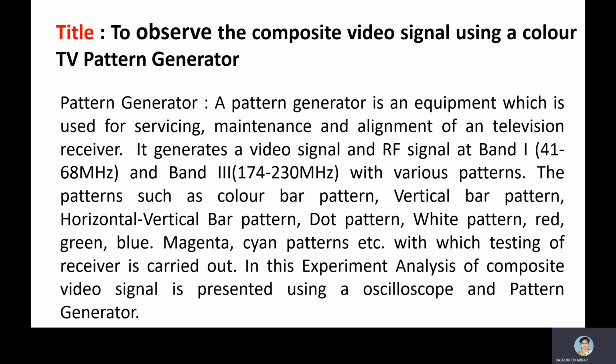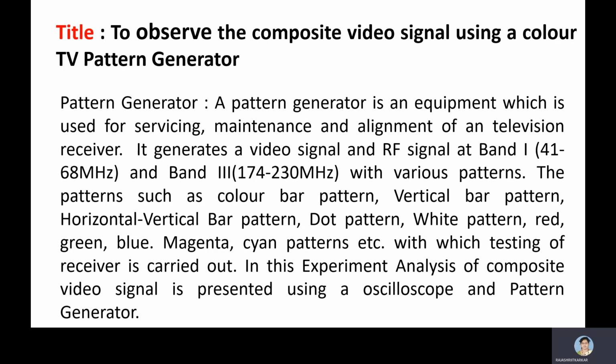Then a total white pattern, a black pattern, and different colors like red, green, magenta, cyan, etc. With these patterns, testing is carried out on your receiver, and alignment is also done at the receiver side. What we are going to study in this experiment is to analyze the composite video signals for the different patterns using an oscilloscope and a pattern generator.